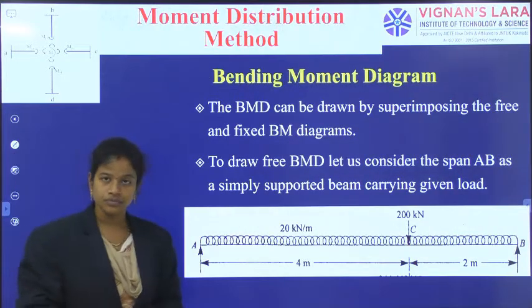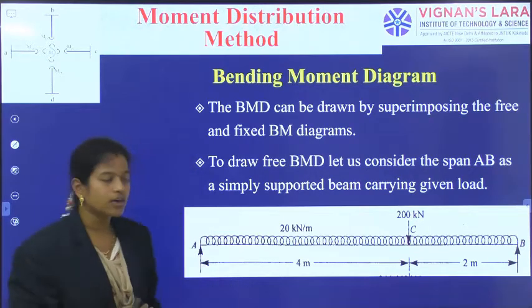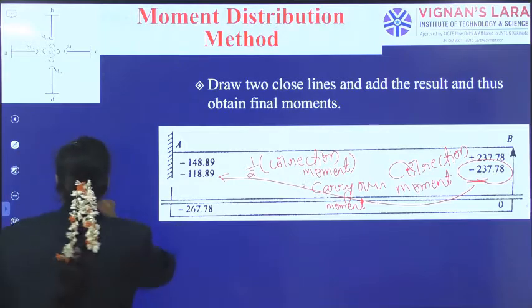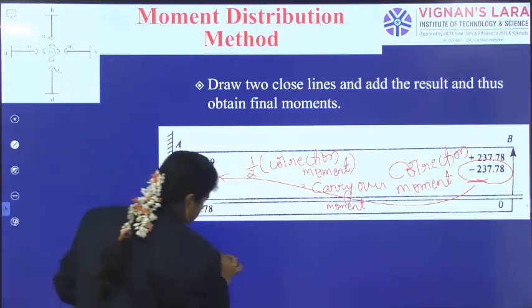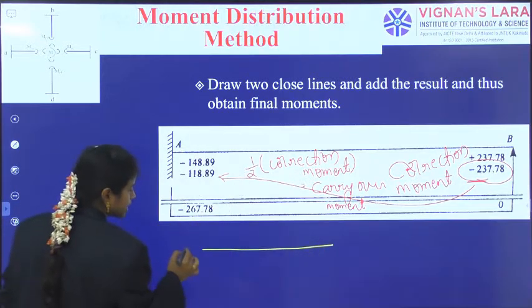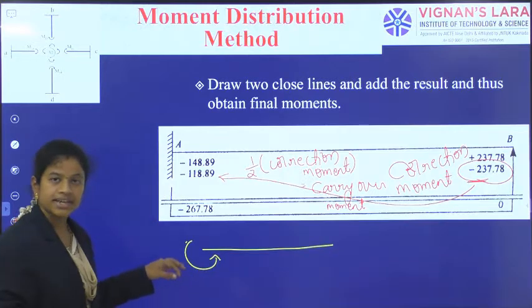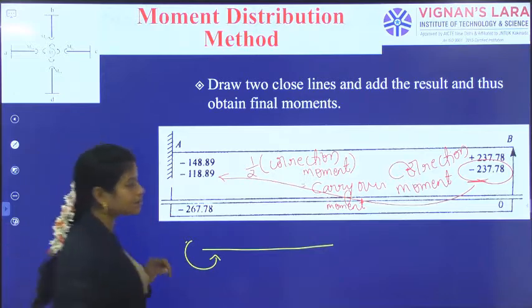Now what we should have to do, as we have already got, when you indicate this as negative, it is going in the anti-clockwise direction, which generally we indicate as hogging type moment.